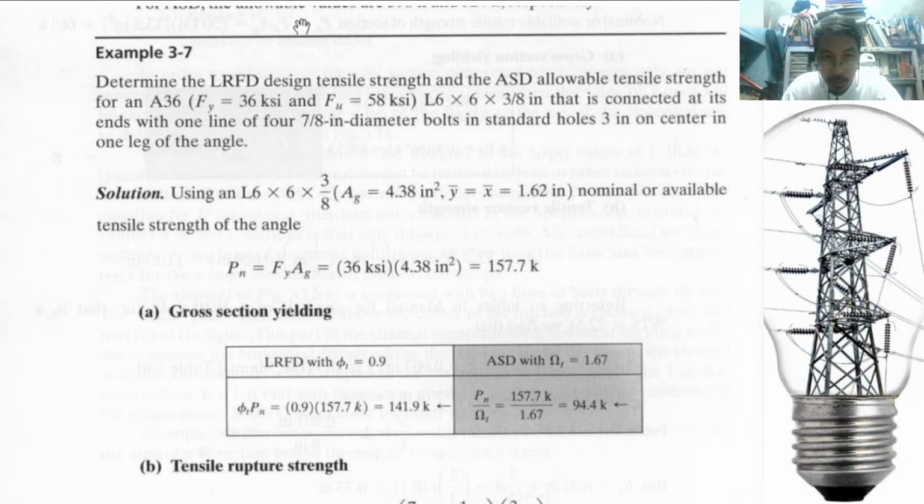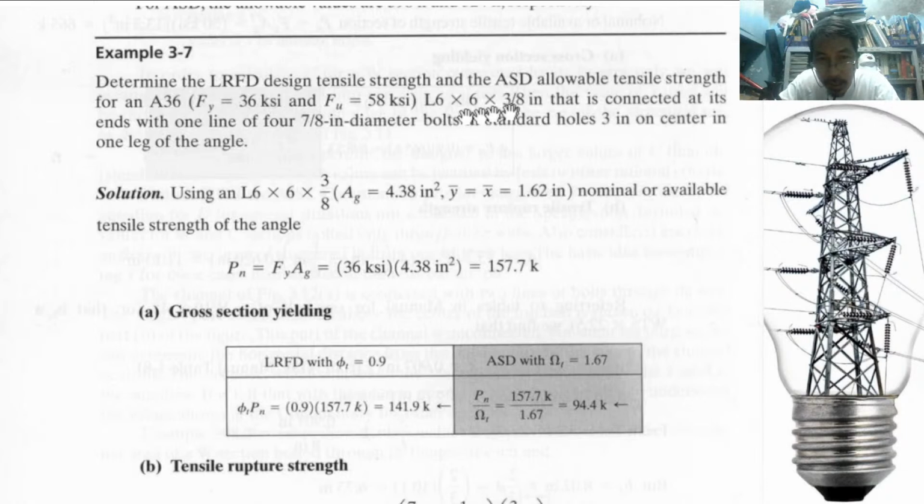And we are given what kind of section? Angular bar 6 by 6 by 3/8. This means we have 6 inches on one leg, another 6 inches on the other leg, and 3/8 inch in thickness.